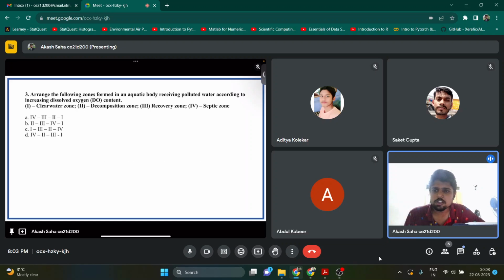Now, arrange the following zones formed in the aquatic body receiving polluted water according to increasing dissolved oxygen content. We have clear water zone, decomposition zone, recovery zone, septic zone. So in terms of increasing dissolved oxygen, which one of these will have the least dissolved oxygen?